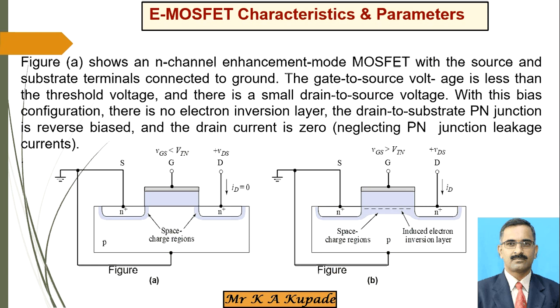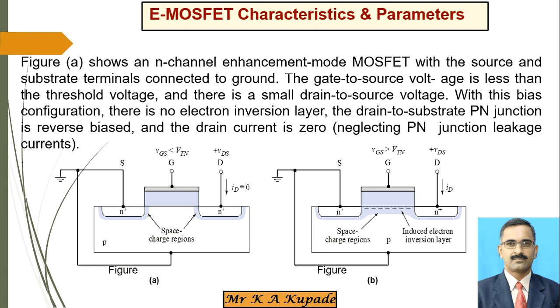Here the substrate terminal and the source terminal are connected to ground. I already said in the previous lecture that the substrate terminal in an enhancement mode MOSFET is grounded, right?